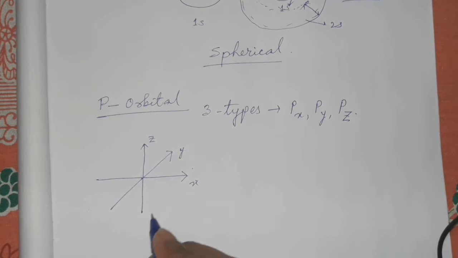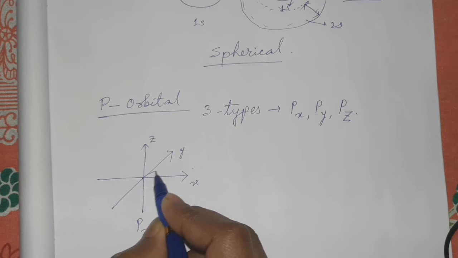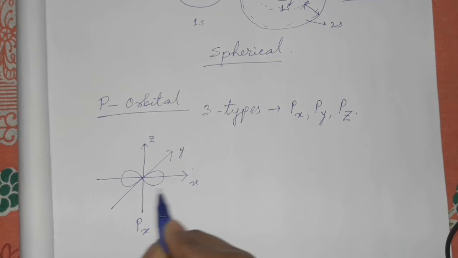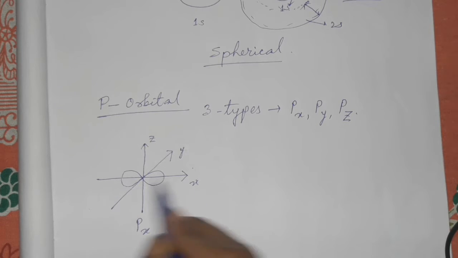So now we'll see the px orbital. This is the px orbital. There will be two lobes, and these two lobes will be along the x-axis.